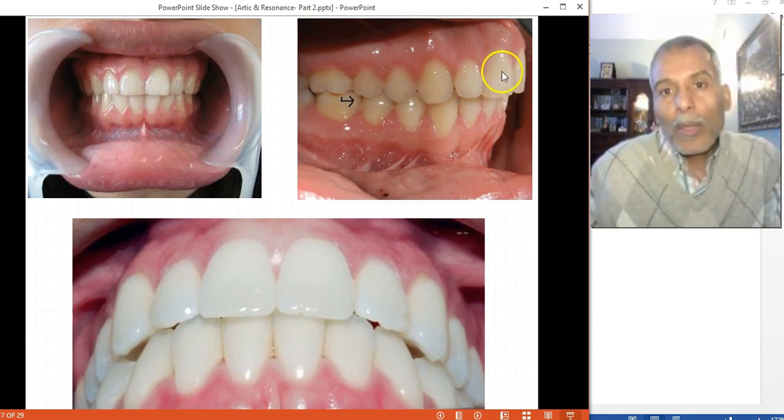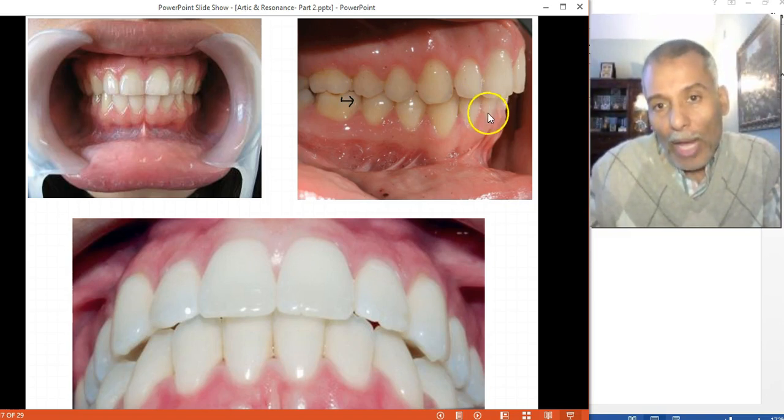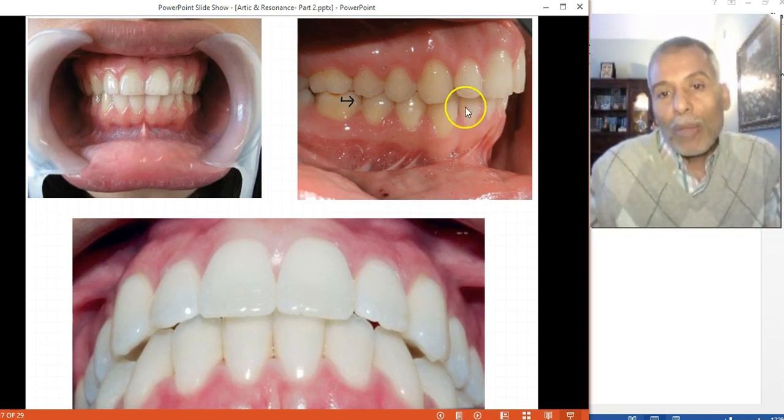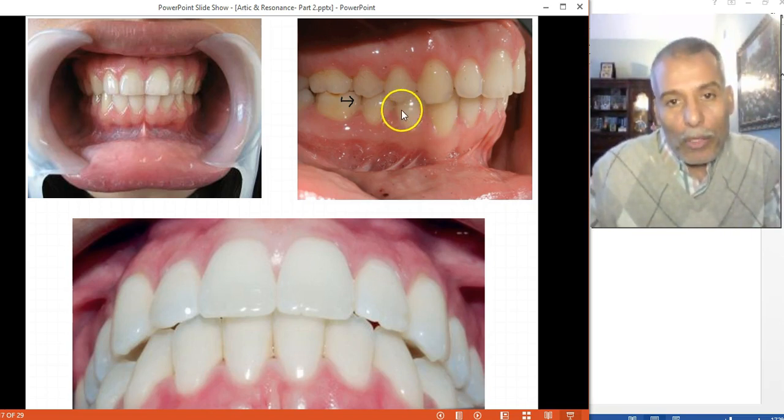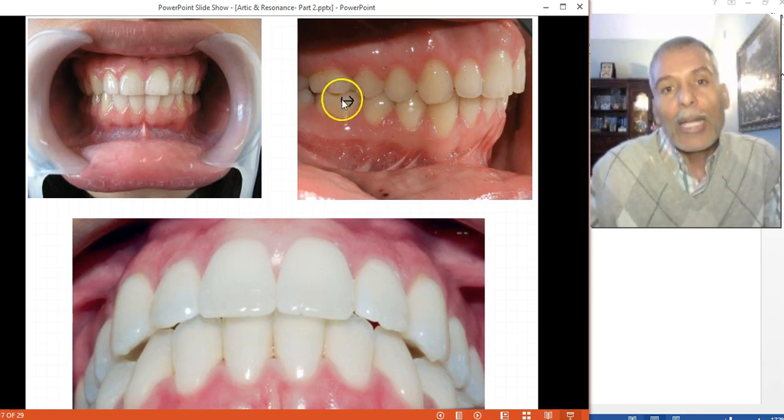This is the central maxillary incisor, lateral maxillary incisor, canine, and first premolar, second premolar, and first molar. Now let's look here. You have central mandibular incisor, you have lateral mandibular incisor, and you have the canine, and then you have the first premolar, second premolar, and first molar.